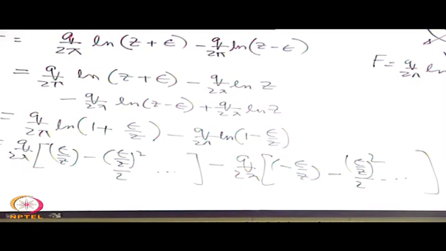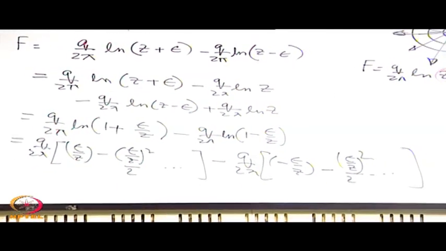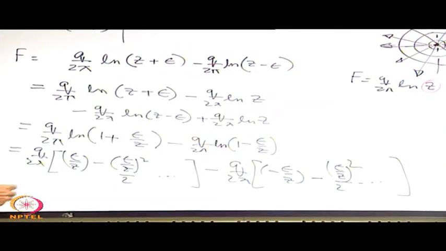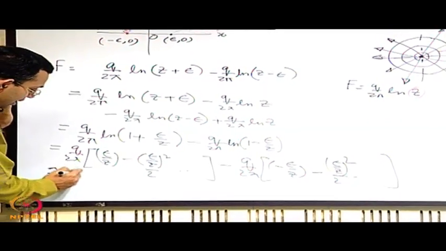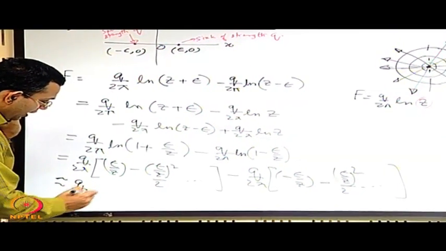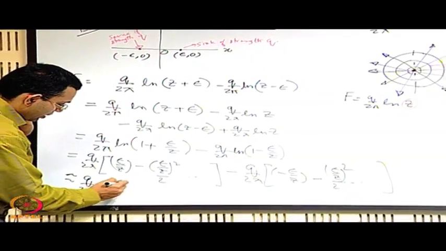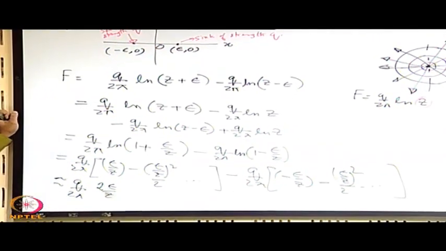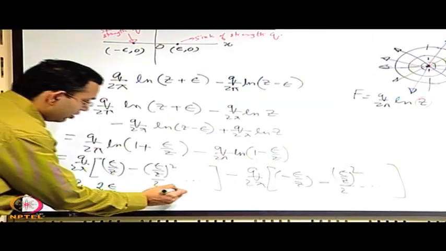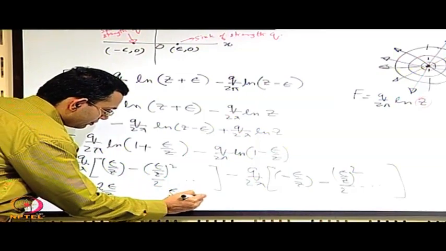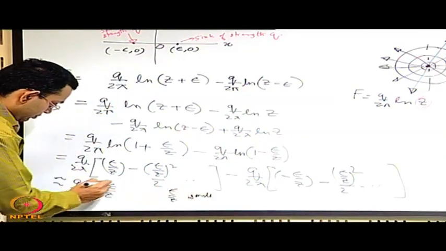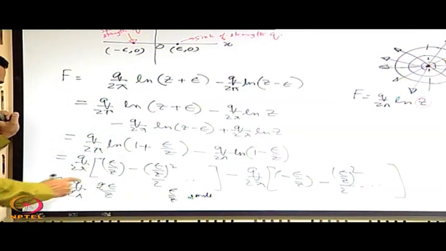In the limit as epsilon by z is small, you may write it approximately as q by 2 pi into 2 epsilon by z, right. So you have q epsilon by pi z.